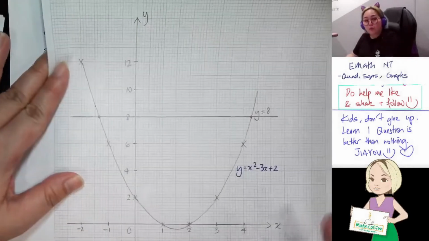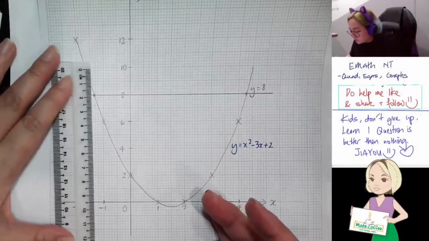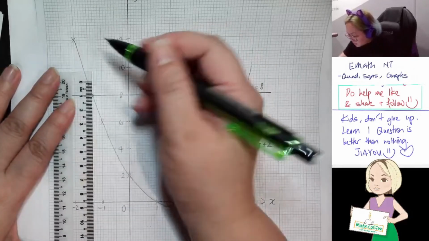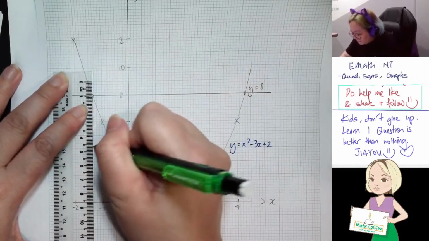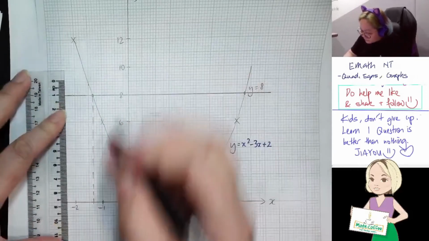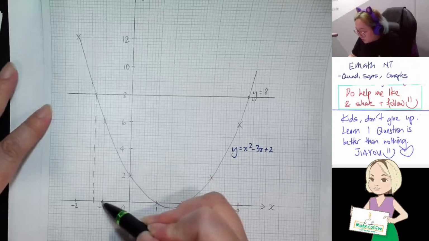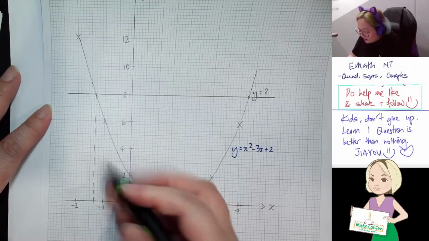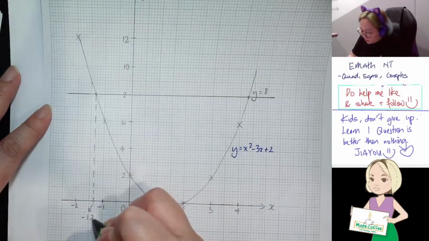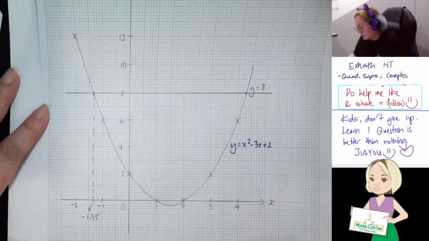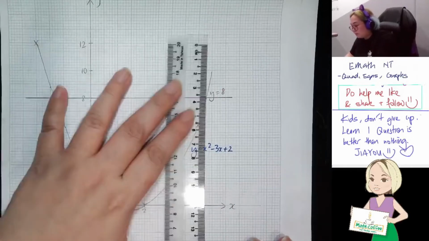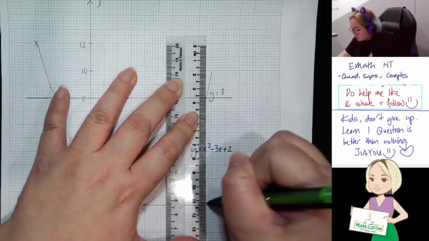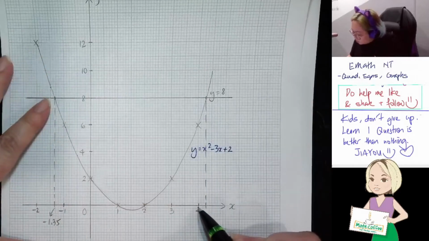After I have these 2 points, what you need to do is draw a dotted line to find out what the x value is. So you will draw a dotted line. Over here, this one is minus 1.1, 1.2, 1.3, this is minus 1.35. Now come to this one. This will be 4.1, 4.2, 4.3.